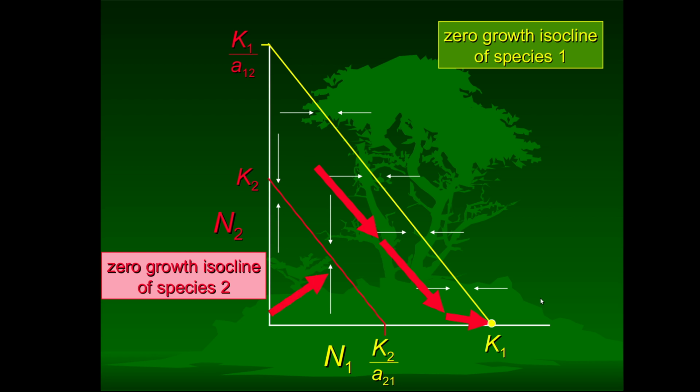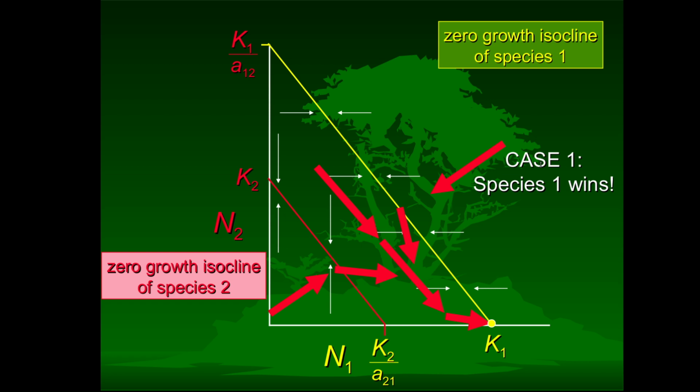Okay, if we start here, both species increase until we reach this middle ground, and again, the same thing happens. 1 excludes 2. If we start here, then both decrease until we reach the middle ground, and again, 1 excludes 2. So this is case 1, species 1 wins.